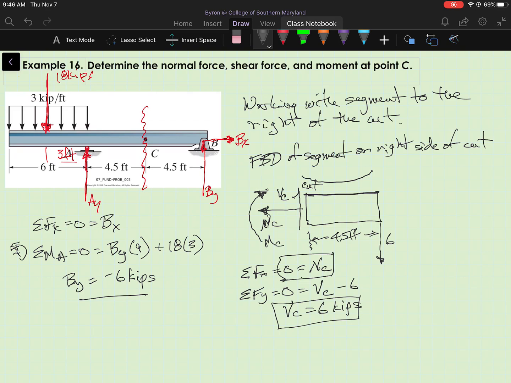And then in my moment equation, I'm going to sum moments about the cut.